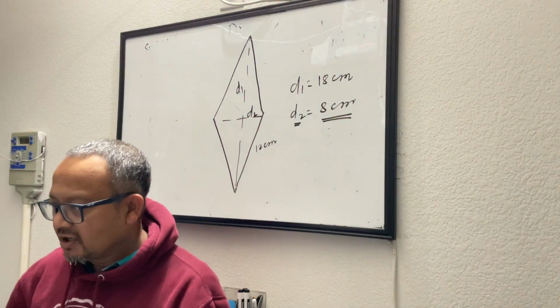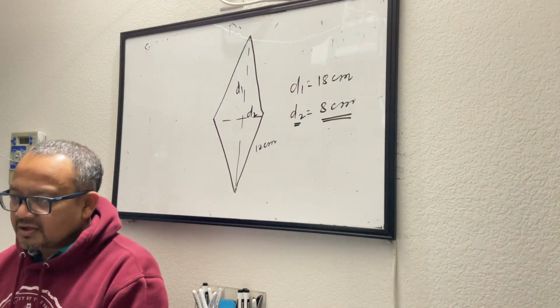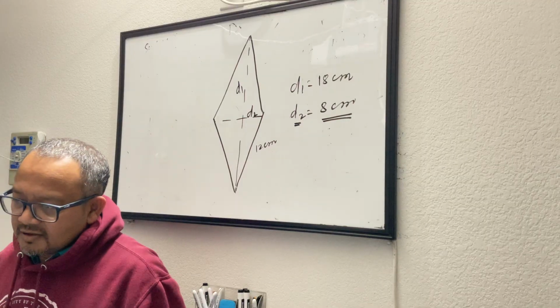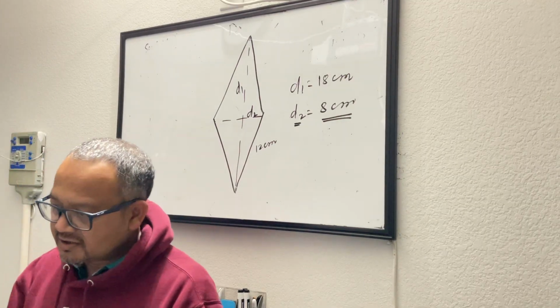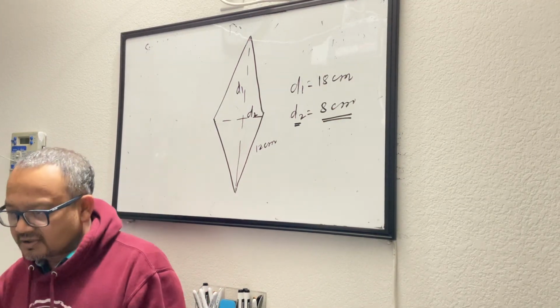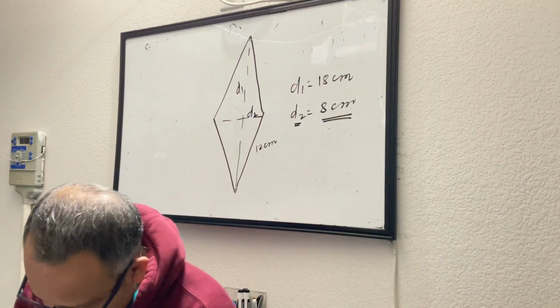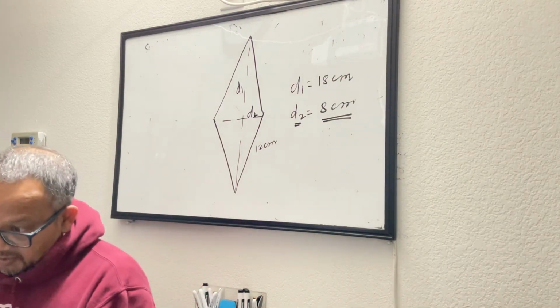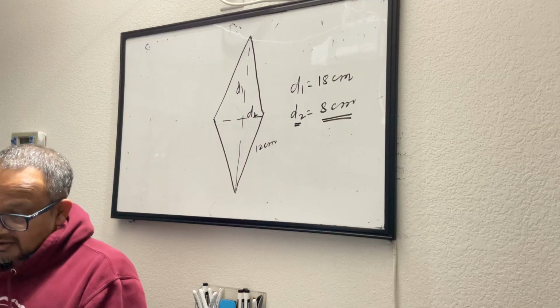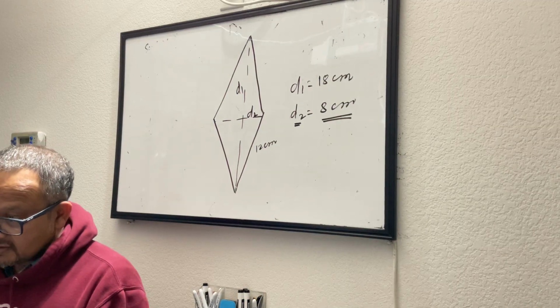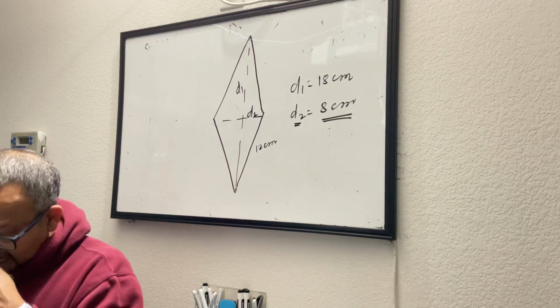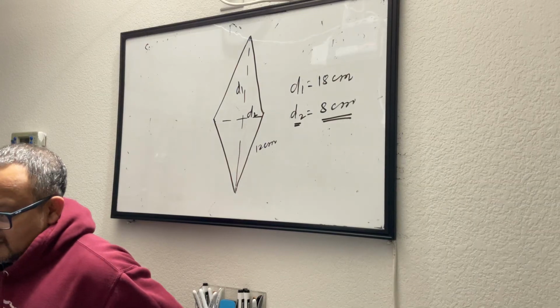Centimeters. Okay, how about area? I'm not sure on the area. Okay, we'll see. Rian's. I got 72 centimeters. Centimeters? That is area, but centimeters square. Centimeters square. I think that's my perimeter.